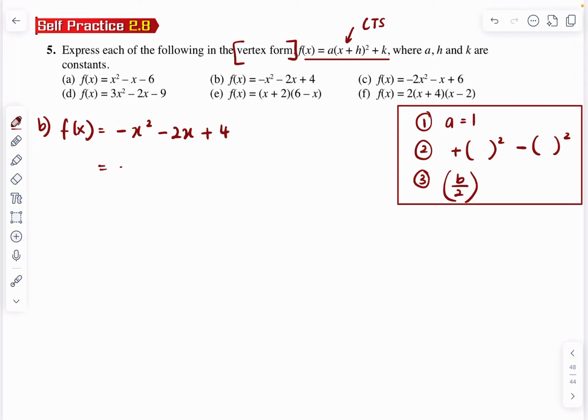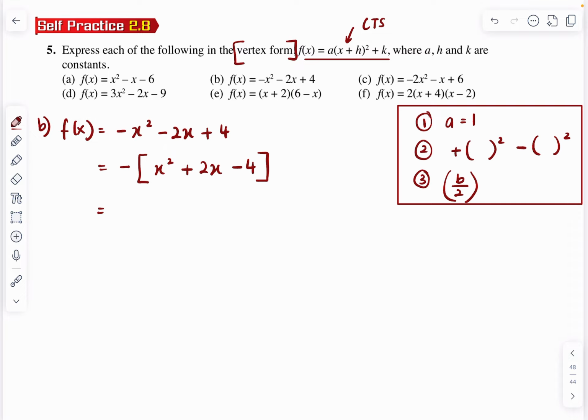So we have to factor out the negative. So we'll be left with x squared plus 2x minus 4. Okay, so basically all these 3 terms, you divide by negative 1. So negative x squared divided by negative 1, we get x squared. Negative 2x divided by negative 1, we get positive 2x. 4 divided by negative 1, negative 4.